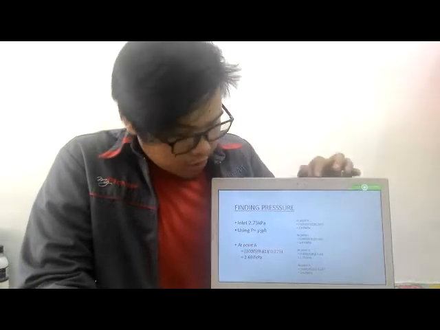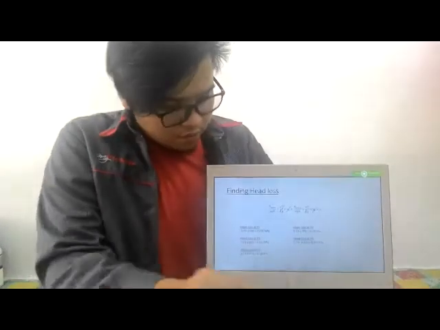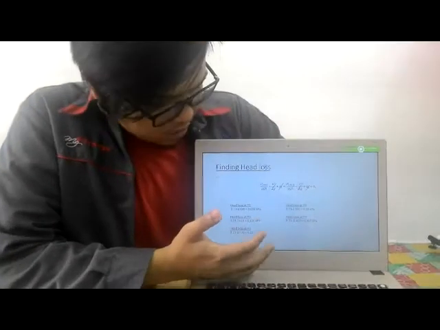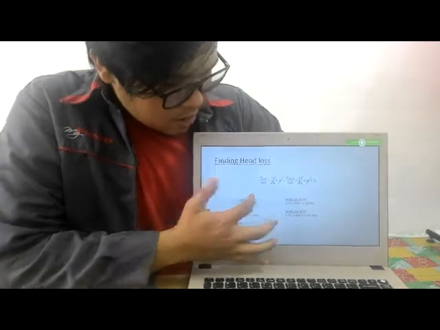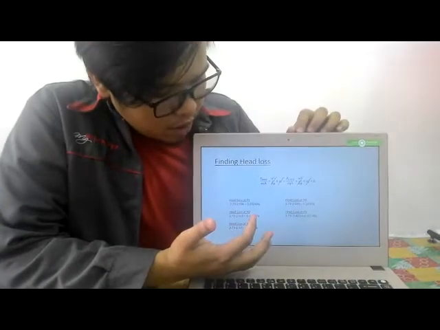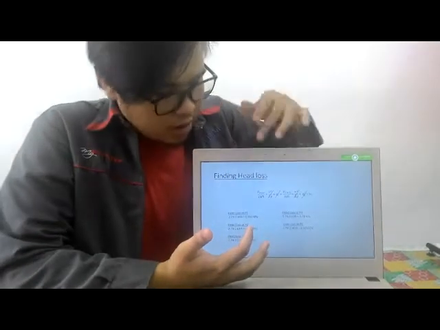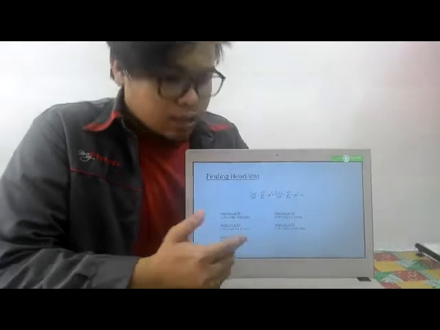So we proceed to finding the head loss. For the head loss, basically we use the Bernoulli equation, which is this equation. In our experiment, we have a constant velocity, v1 is equal to v2, and g is the height.